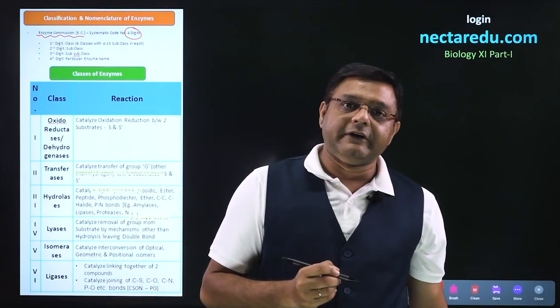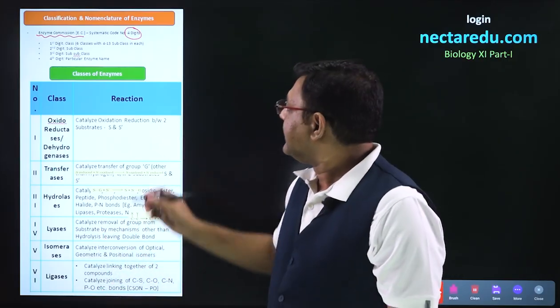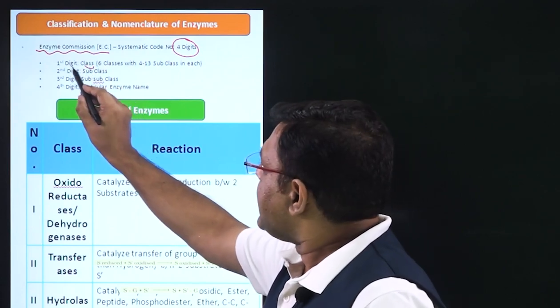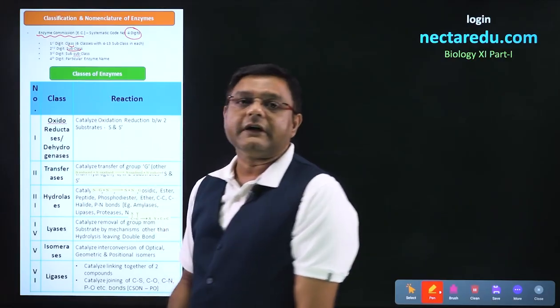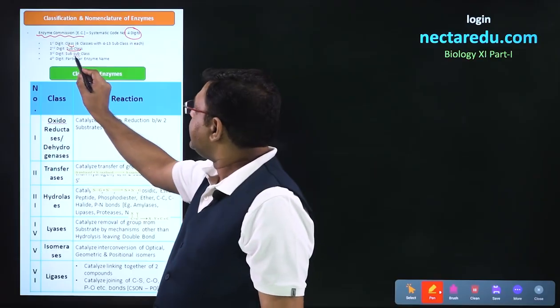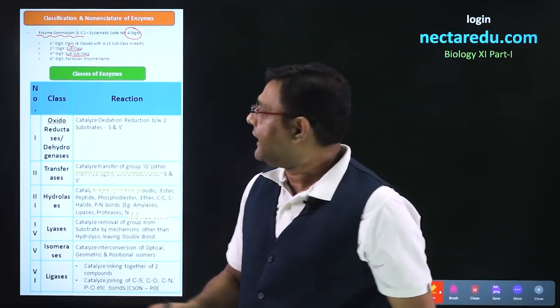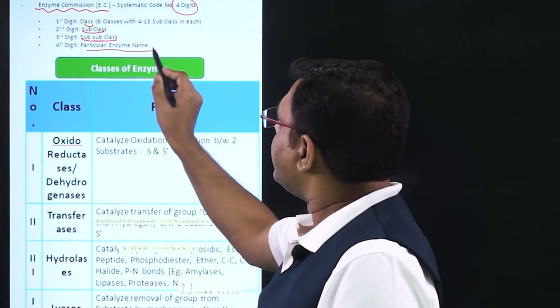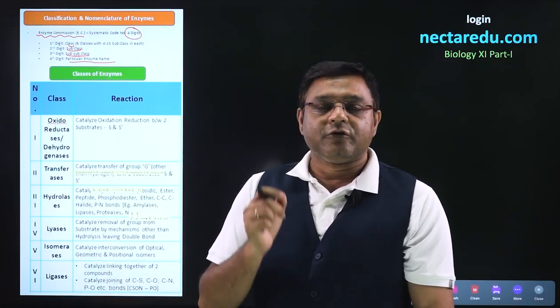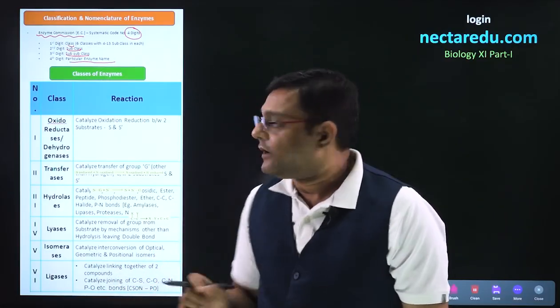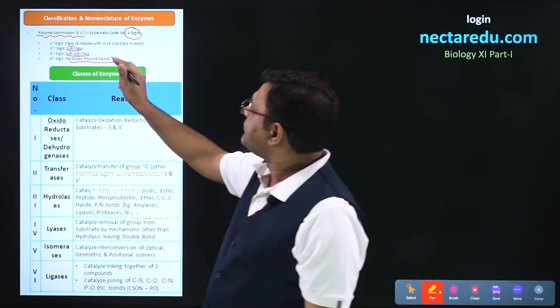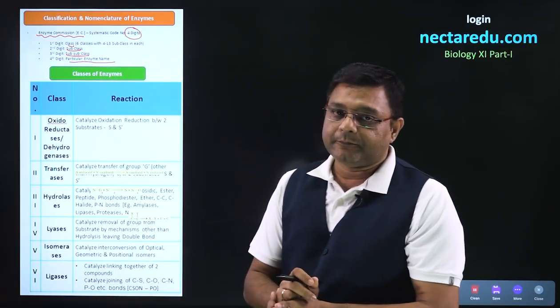Now, what are the 4 digits? The first digit refers to the class, the second digit refers to the subclass, the third digit refers to the sub-subclass, and the fourth digit refers to the particular enzyme name. So, the 4 digits together form the name as per the Enzyme Commission.